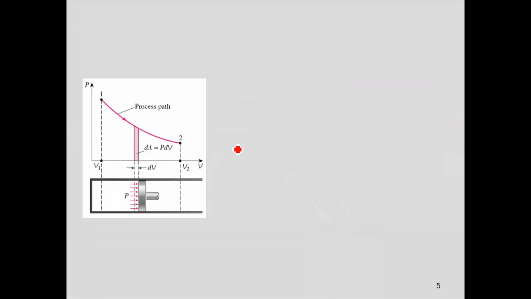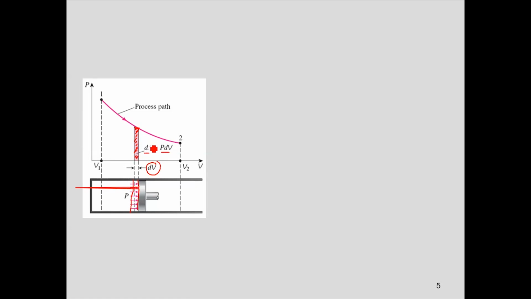So let's say I move from 1 to 2. This small area under the process path, which is dA, is nothing but pressure multiplied by the change in volume, as your system moves from this state to this state. This change in volume multiplied by the small pressure, which I assume is constant, is basically the area under the curve.